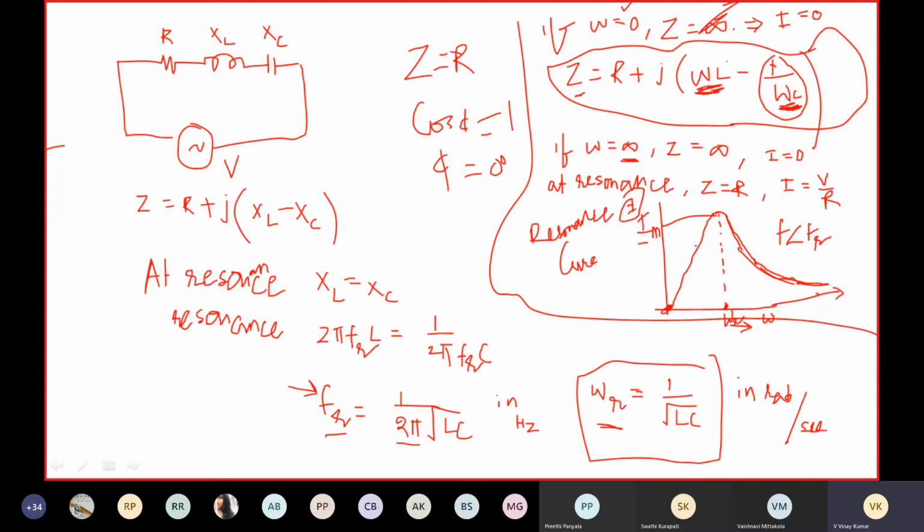For higher frequencies, XL will be more. So for lower frequencies, XC must be greater than XL. For higher frequencies, XL must be greater than XC.